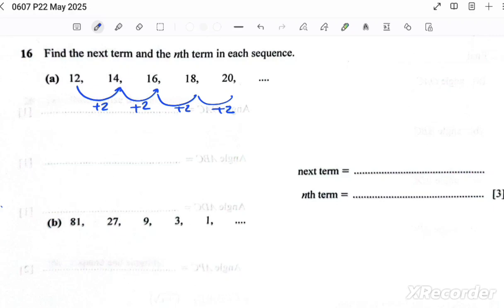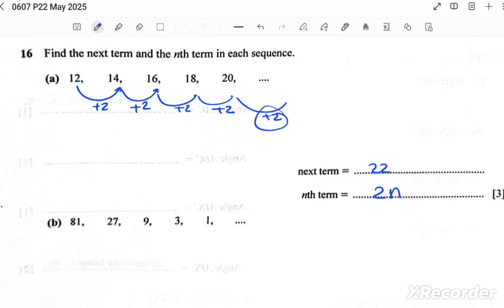Okay, let's talk about the next term. For the next term, we have to add 2, so it will be 22. This is 1 point. The remaining 2 points will be for the nth term. We know it's linear, so I know it's n, and we know d, which is 2, so it will be 2n.